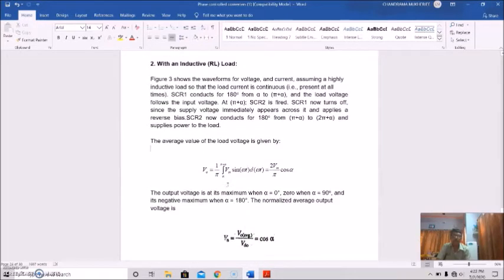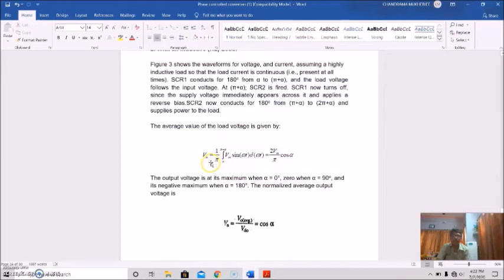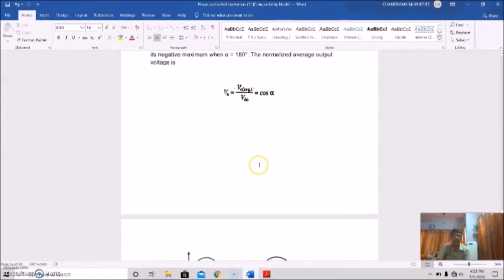The average value of the load voltage is given by Vo equal to 1 by pi integral from alpha to pi plus alpha of Vm sin omega t d omega t.